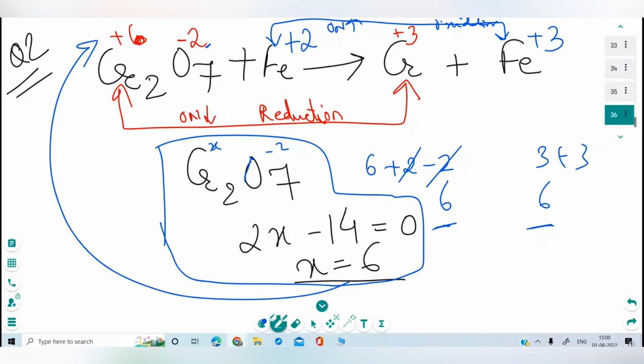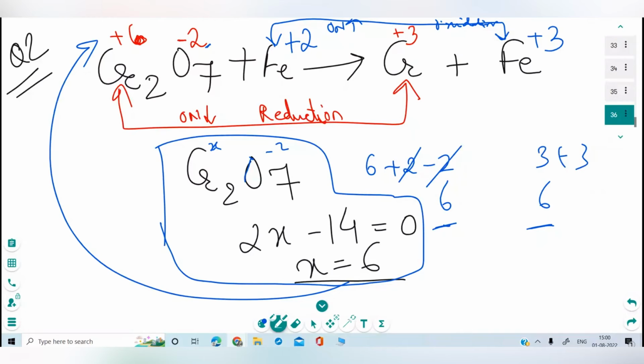Tell me. Which was it? Chromium, I think it was in group 6. Yes, it's in group 6.